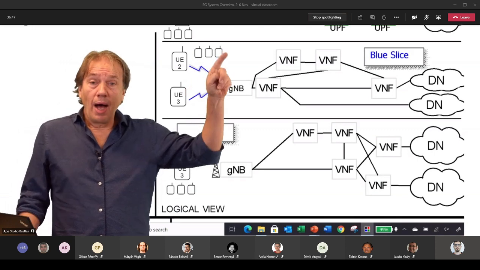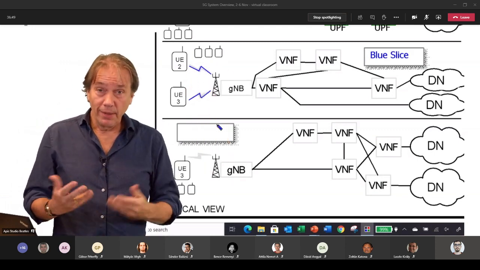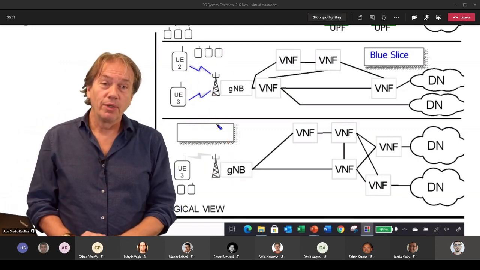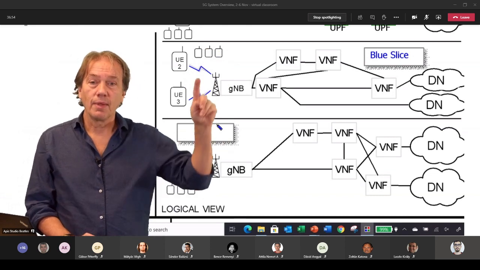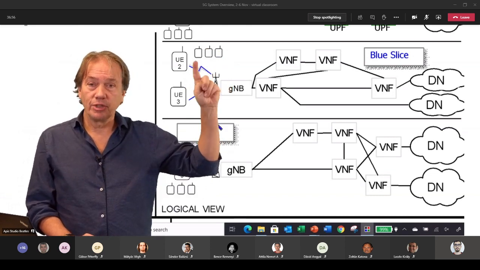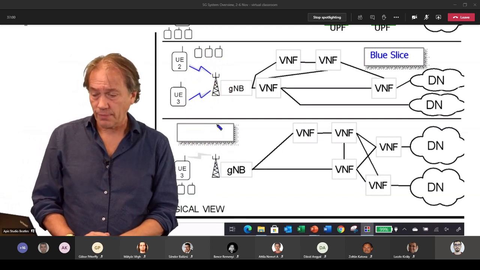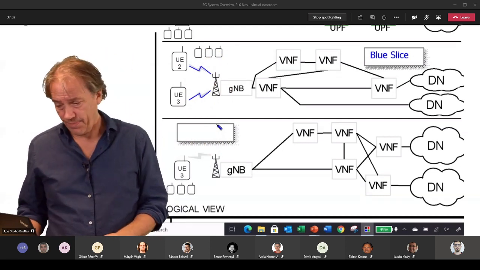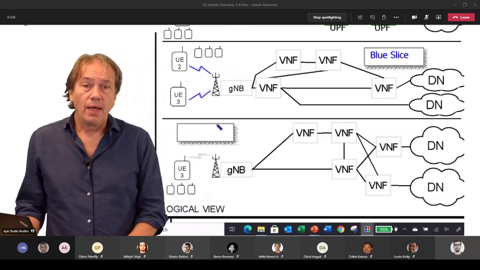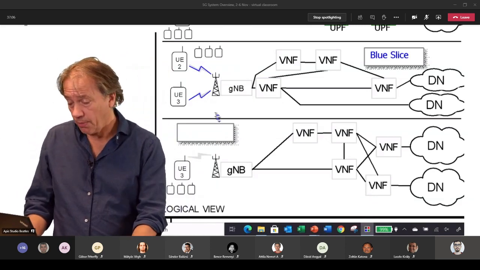Obviously there are probably other UEs also belonging to the blue network slice, so this represents any number of other UEs. And the gNodeB belongs to the blue network slice.